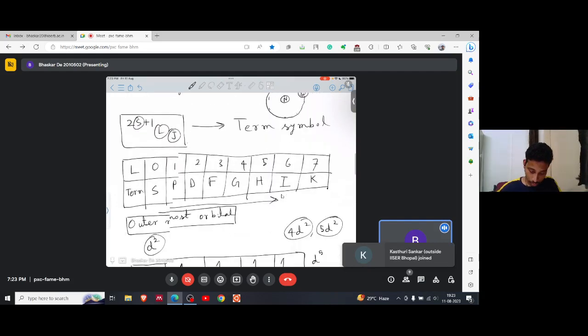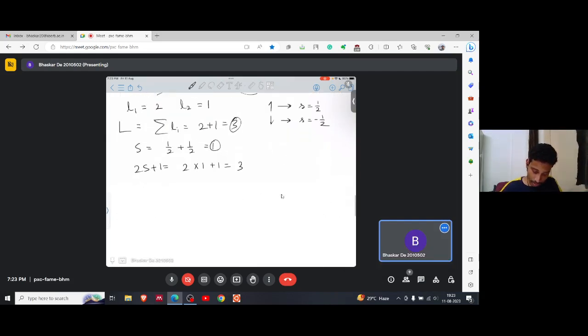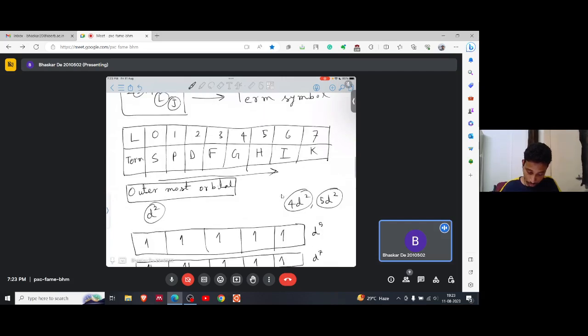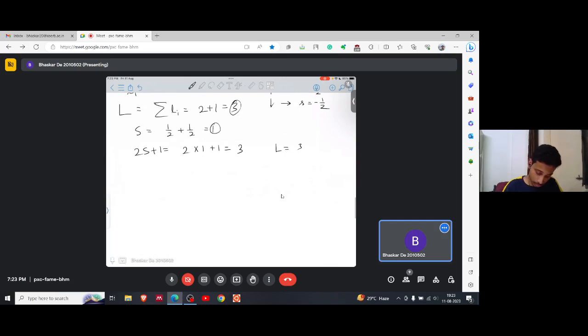Okay, so we got 2S plus 1 equal to 3 and L equal to 3. Now for L equal to 3, the term used is F. So then 2S plus 1 L is going to be 3F. So for d2 orbital, this is the symbol.